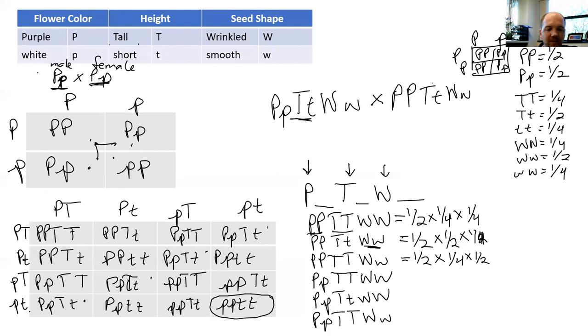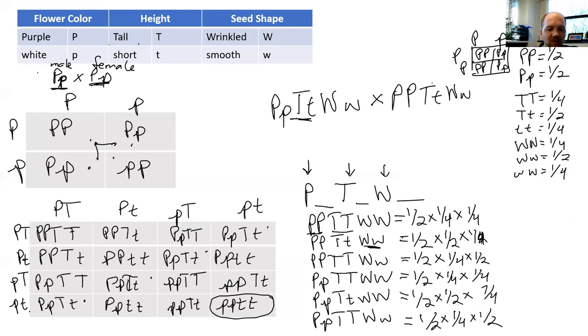There we go. And then the next ones, same thing, it's just a different story. 1/2 times 1/4 times 1/4. Big P, small p, that's going to be 1/2 times 1/2 times 1/4. And then we have 1/2 times 1/4 times 1/2.